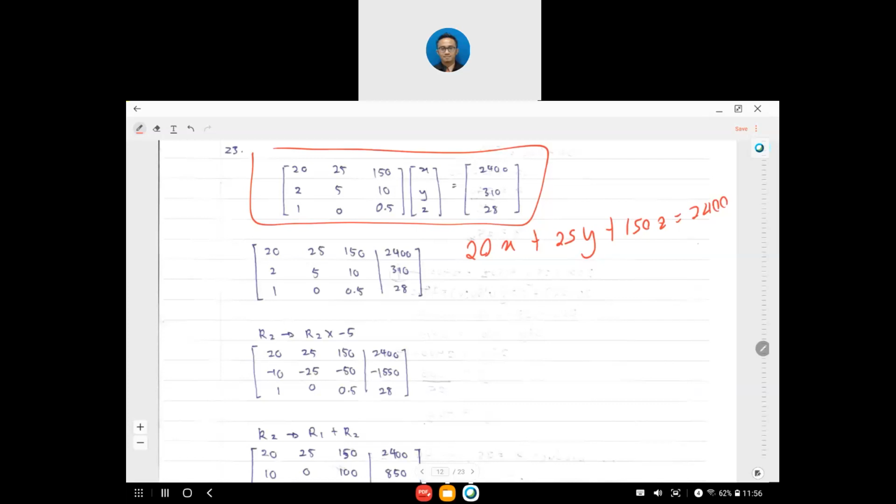Okay, and then 2x plus 5y plus 10z equal to 310. And then the last one, x plus 1/2 z equal to 28. Okay.